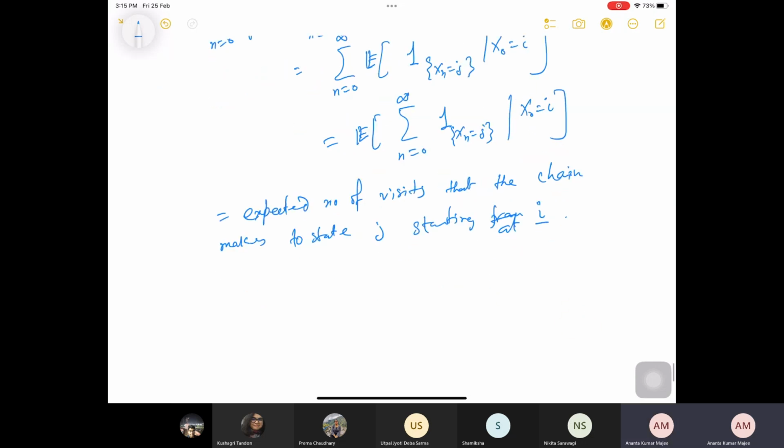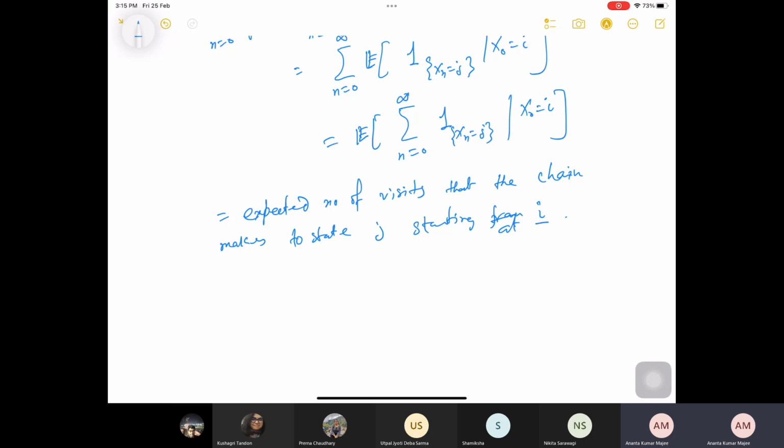Therefore, what I can say is that the previous theorem says that the summation over n equal to 1 to infinity of Pii of n is equal to infinity. That means a state j is recurrent if and only if the expected number of returns is infinite.